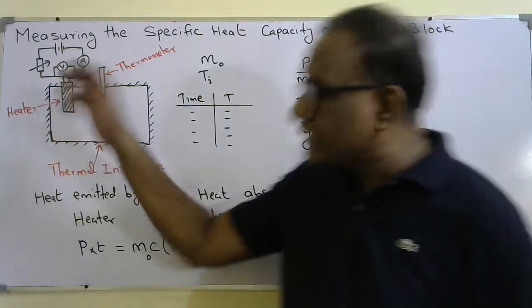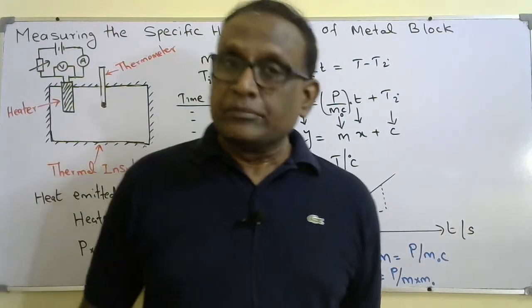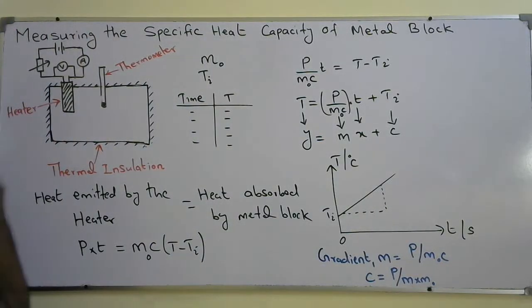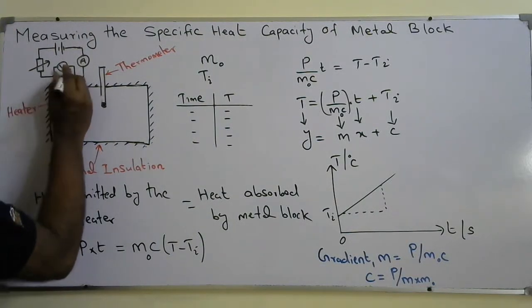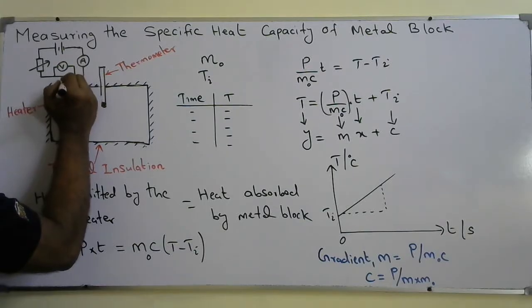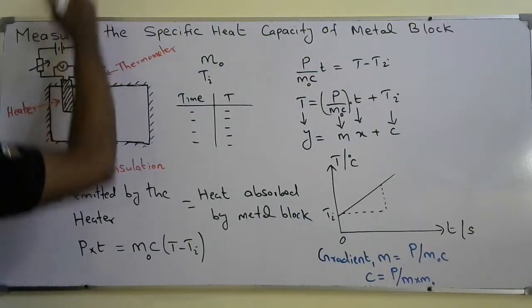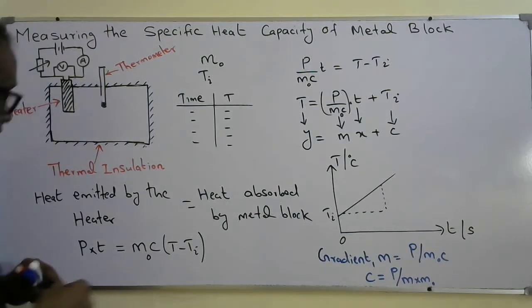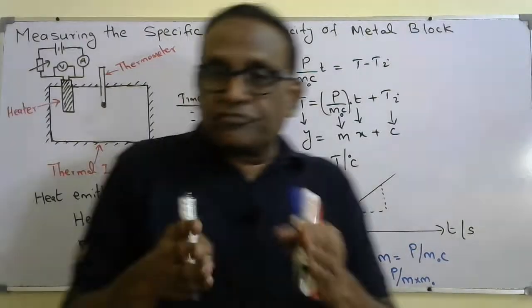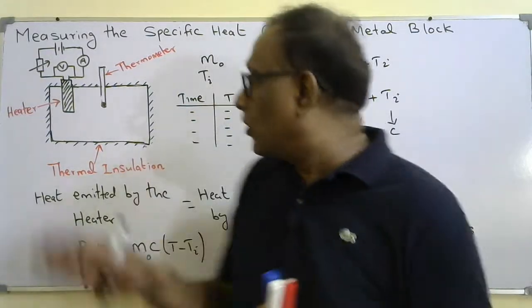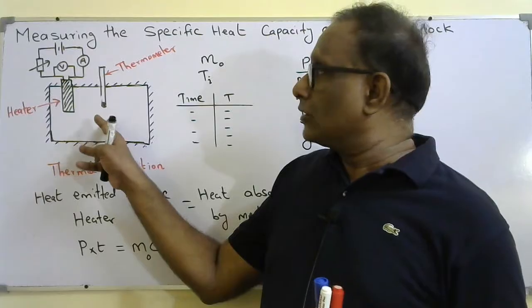But if the heater is not completely immersed into the metal block, say a part of the heater is outside, something like this, a significant portion of the heater is outside the metal block, what will happen? Only a fraction of the heat given out by the heater will be absorbed by the metal block.